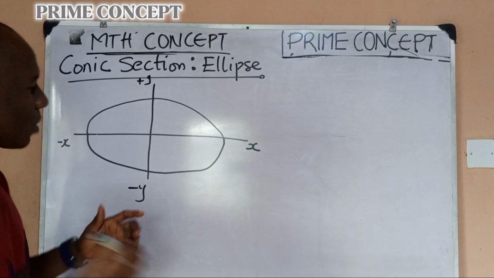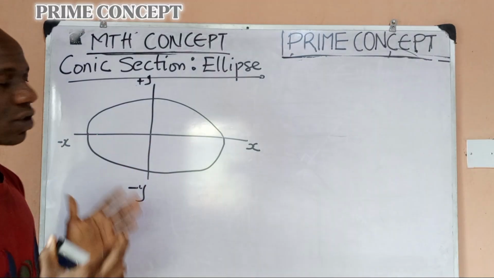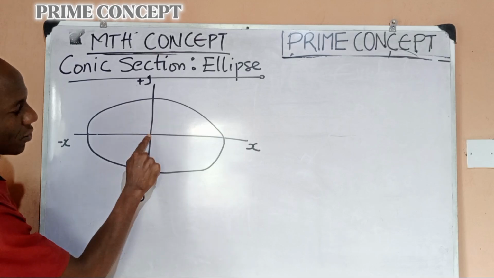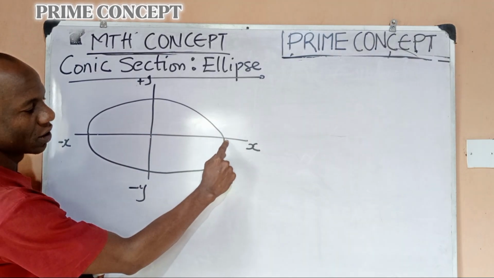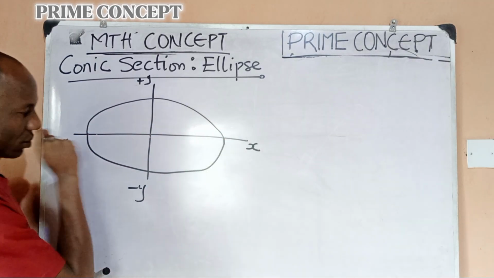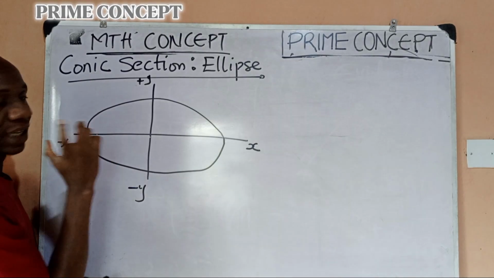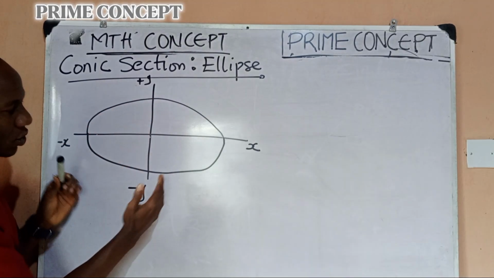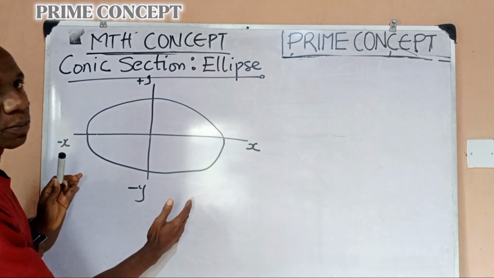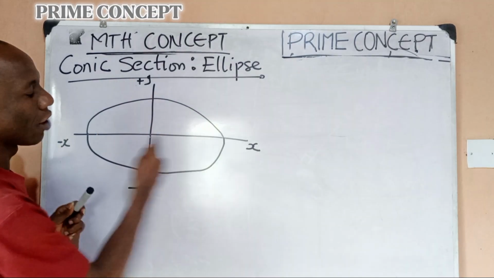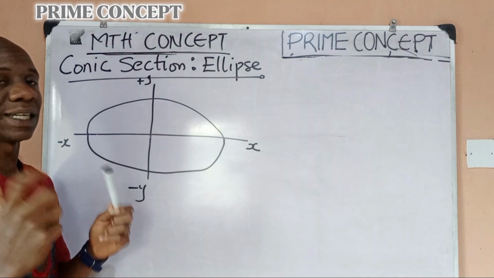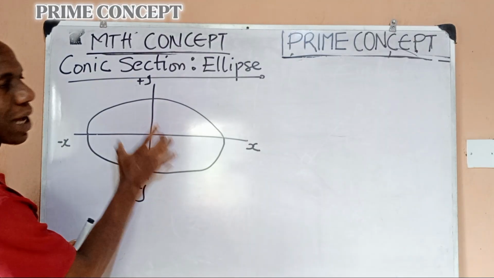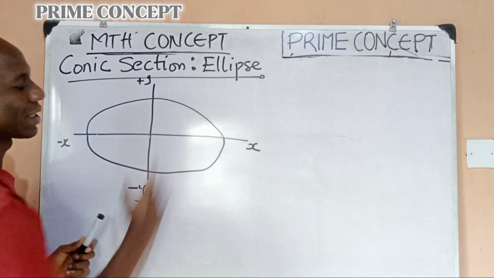Now you would notice something from this ellipse, even though it's not drawn to scale. You would notice that the length of the ellipse from the center to this point on the x-axis and to this point on the x-axis is greater than the length to the y-axis. So when you have your ellipse in this form, such that the length along the x-axis is greater than the length along the y-axis, it means that the major axis of your ellipse is the x-axis.